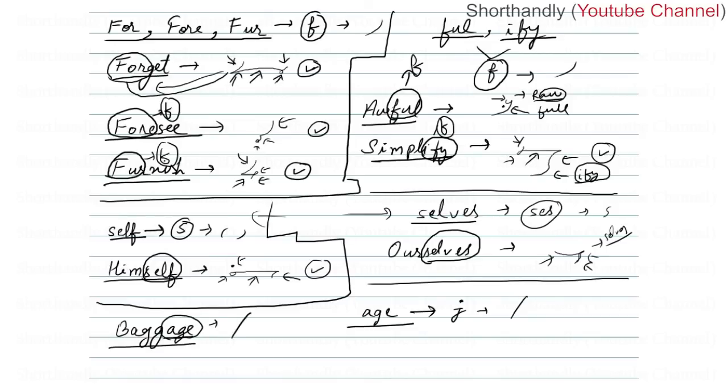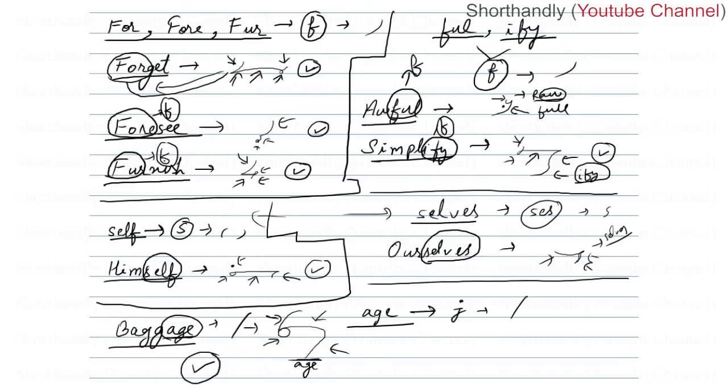First of all we have this long curve, which is our B. Then we have this circle, which is a vowel. Then we have this long curve, which is our G. Then we finally made just this J to represent our age. So this is our word baggage.